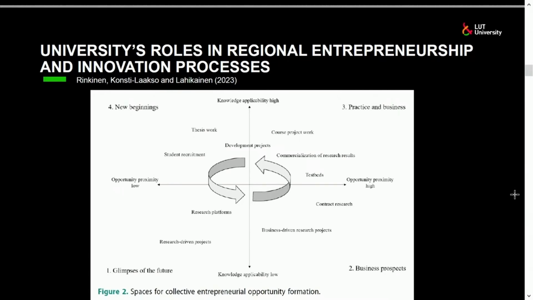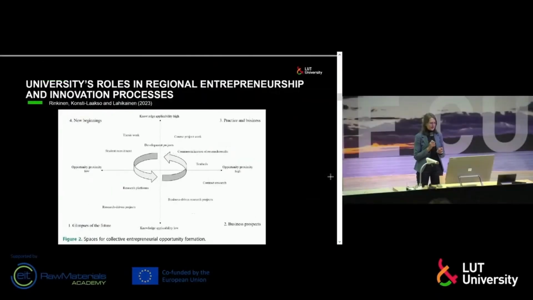But about the figure, a few words: there are two axes, opportunity proximity and knowledge applicability. Those can be interpreted in a way that when opportunity proximity is low, it means that those initiatives that come from the university do not necessarily have markets yet.